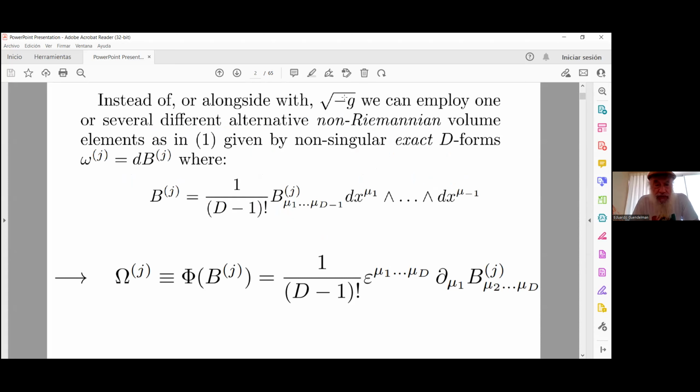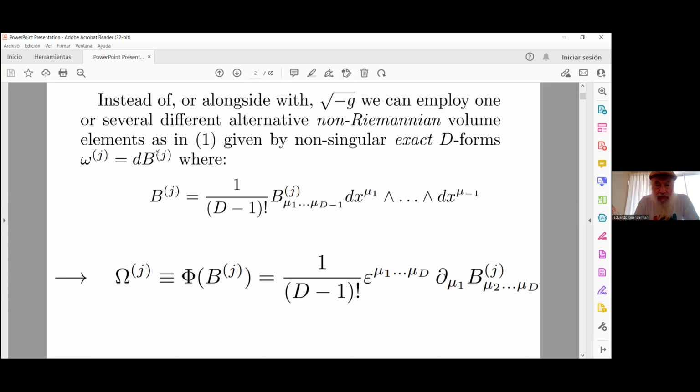The square root of minus g is basically the measure of integration in the gravity action. But unimodular theory addresses this question by saying g is 1. Another way to address this question is to go to metric independent Riemannian volumes.